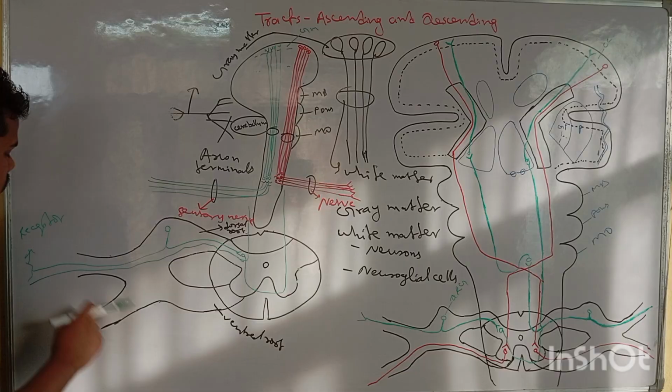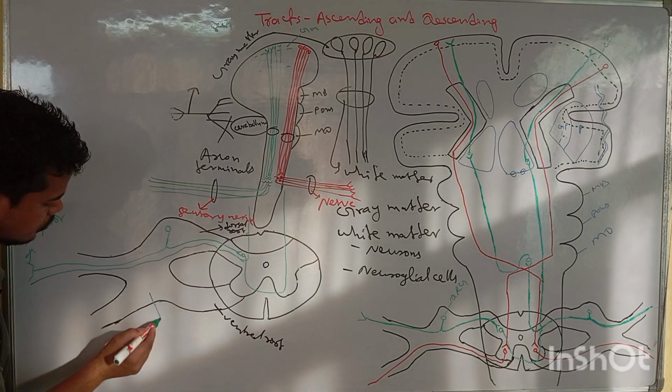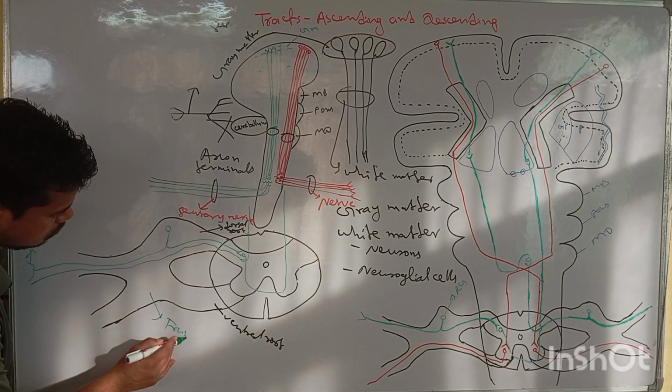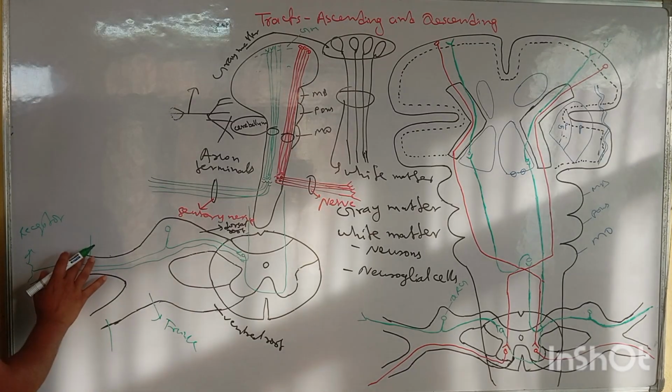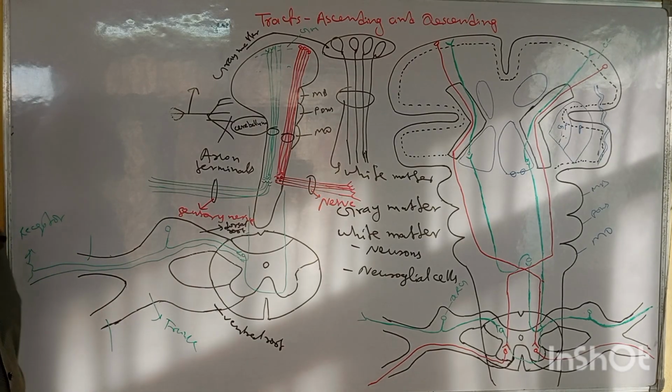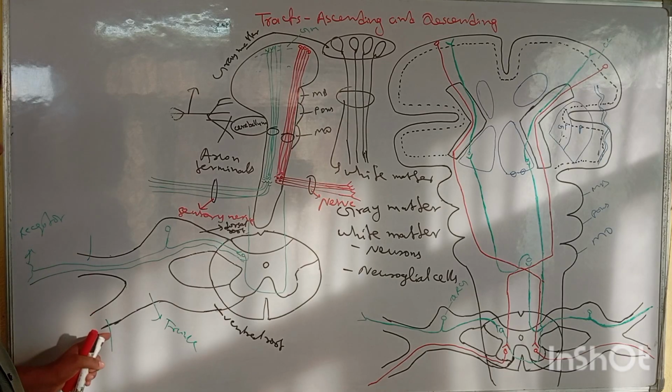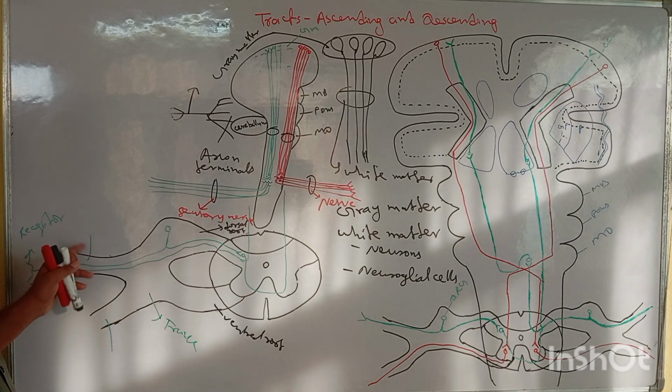So a question will arise, and this is the trunk, and these two are the dorsal and ventral ramus. Dorsal ramus and ventral ramus, or posterior ramus and anterior ramus.